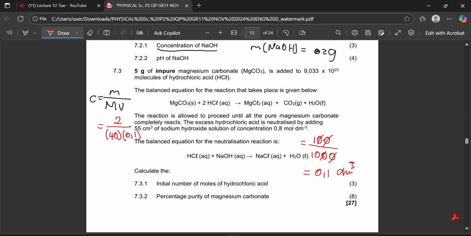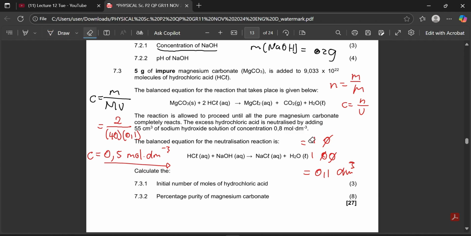Okay, so my final answer for the concentration would be 2 over 40 times 0.1, and that should give me a concentration of 0.5 moles per cubic decimeter. Now, if you use the equation n equals m over M, and then c equals n over v, you would get to the same answer.